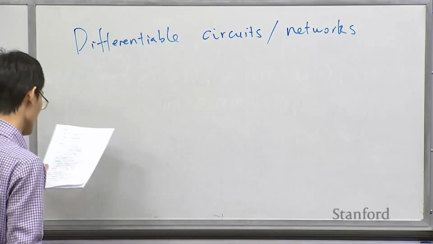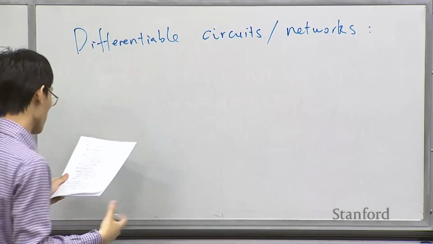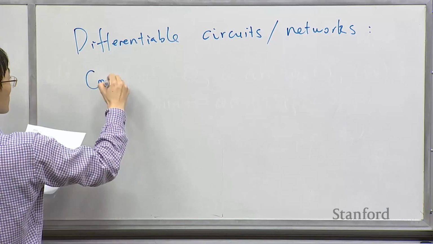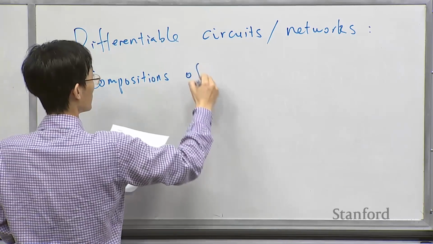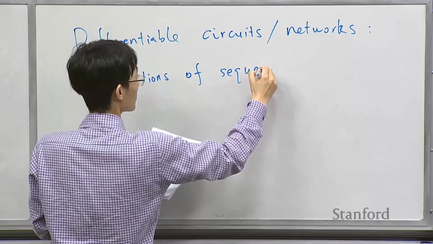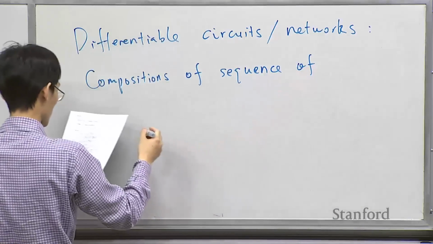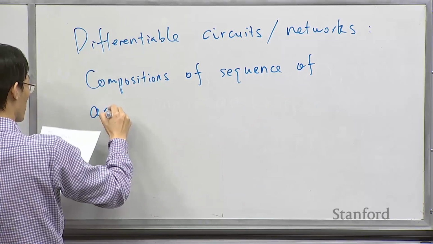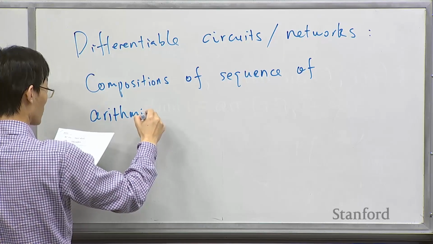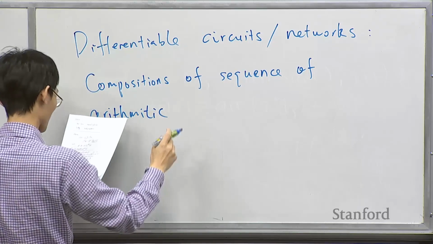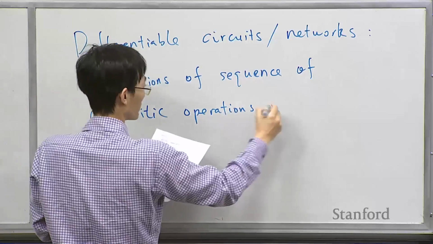Let's say differentiable circuits or differentiable networks are compositions of a sequence of arithmetic operations and elementary functions.